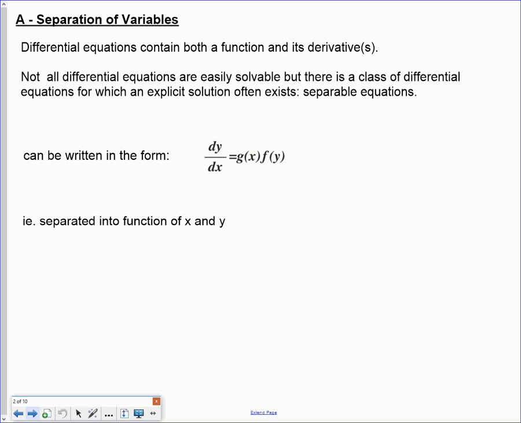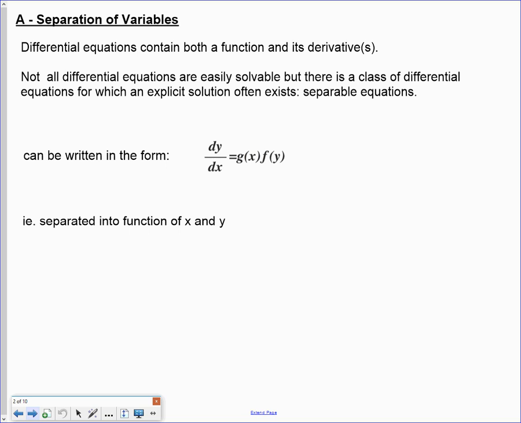And we can take the rest of the stuff that is in our differential equation and we can split it or separate it into a function that involves x and a function that involves y. Now, that is what I've just written right here, separated into a function of x and a function of y. Okay?